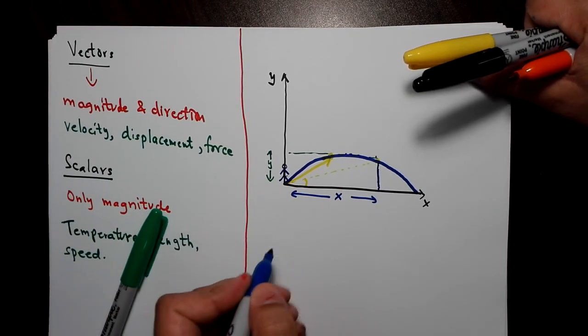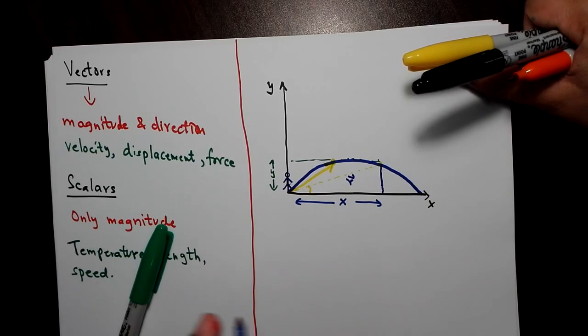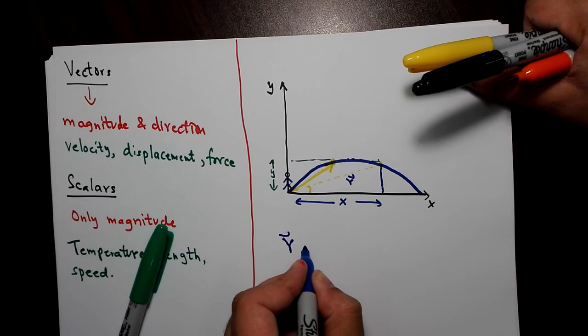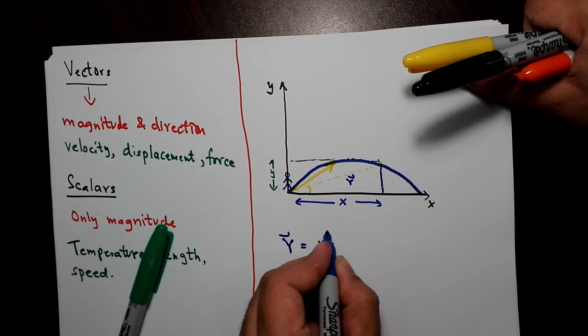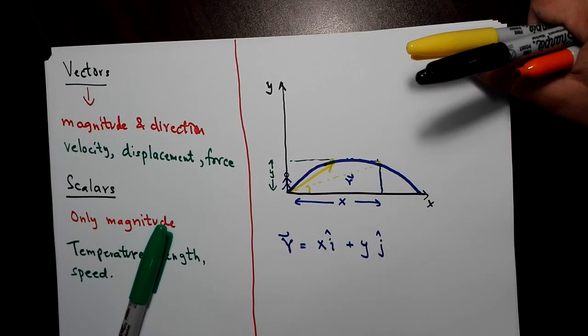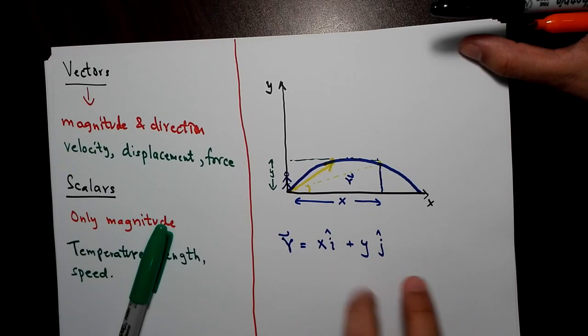So if you call this the position vector r, the way you would write it is r equals x i hat plus y j hat. Okay, so they don't add together like numbers, right?